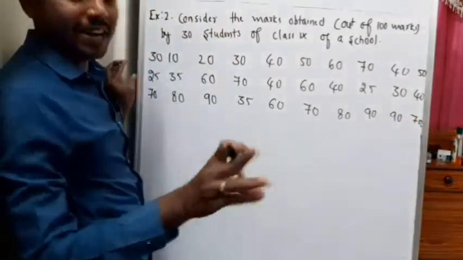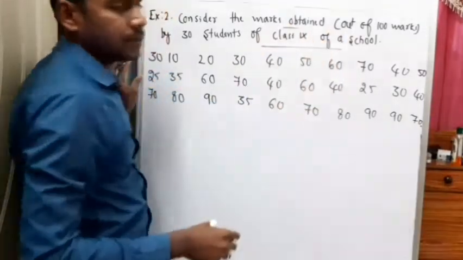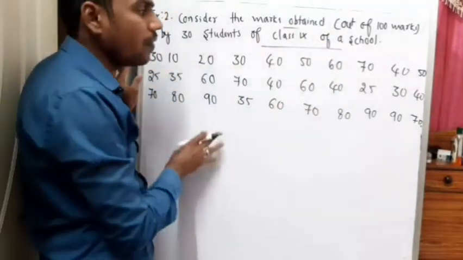This is the data. I have considered 30 marks obtained by class 9 students in mathematics, out of 100.